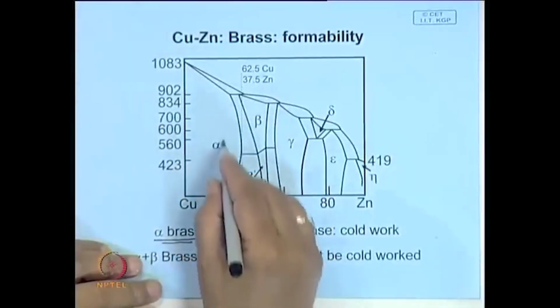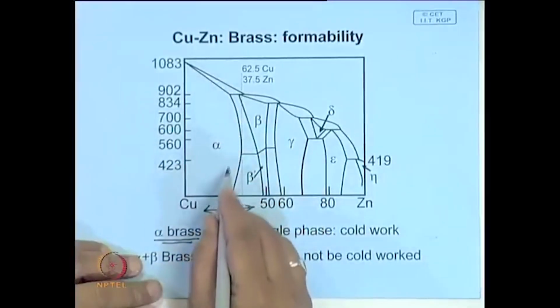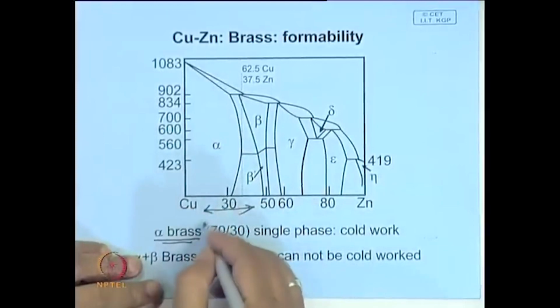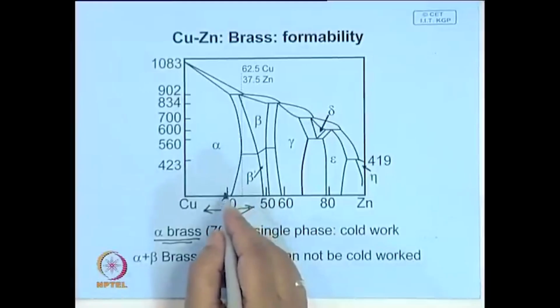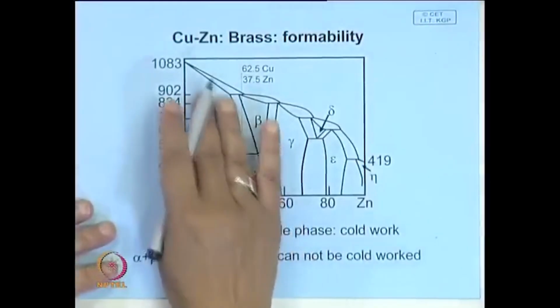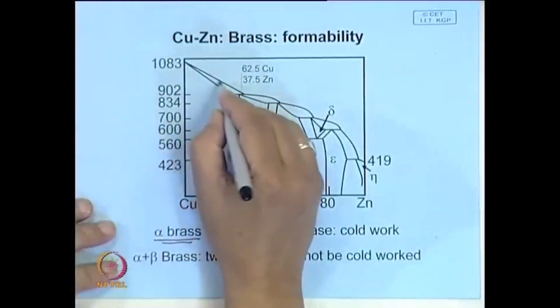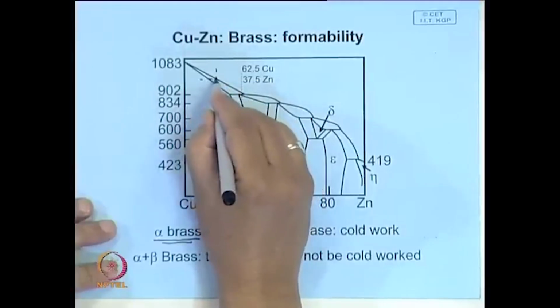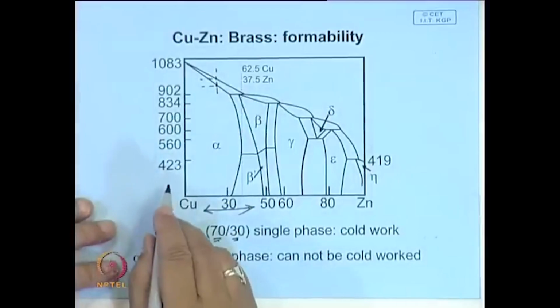So, it can be rolled into very thin sheet, they can be shaped, they can be deep drawn into more complicated shapes in a few number of steps, and this is primarily because of its uniform structure. Secondly, if you look at cast brass, the freezing range also is not very large. So, here the extent of segregation also will not be much.